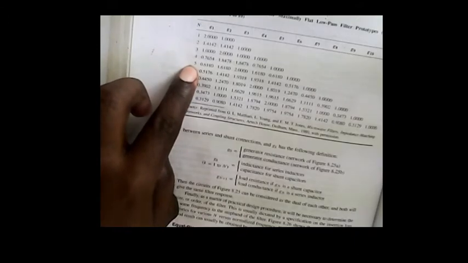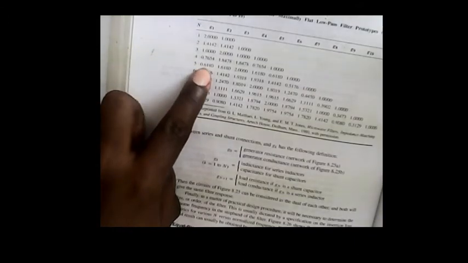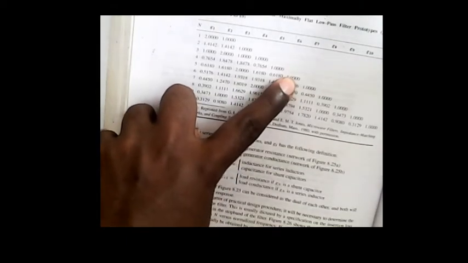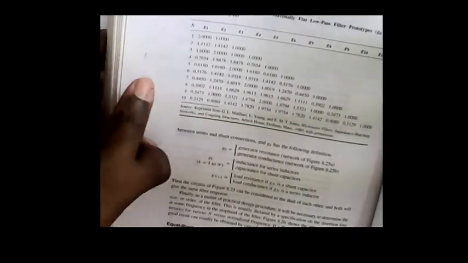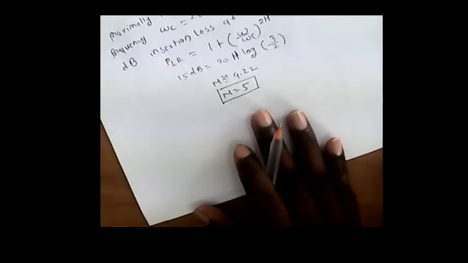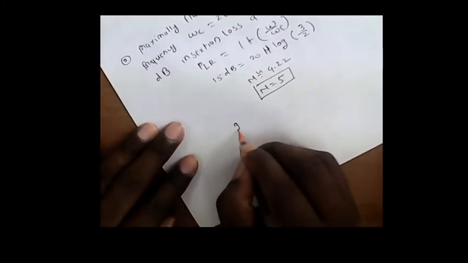So for order n of the filter, we take the values from this table and we design the filter. So we can write down the values. G1 is equal to 0.618 from the table given in the Pozar book.